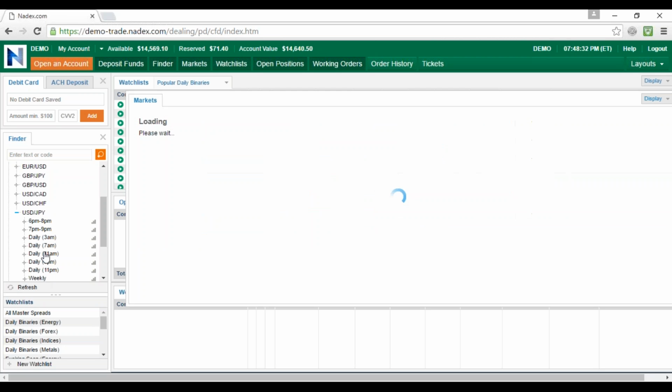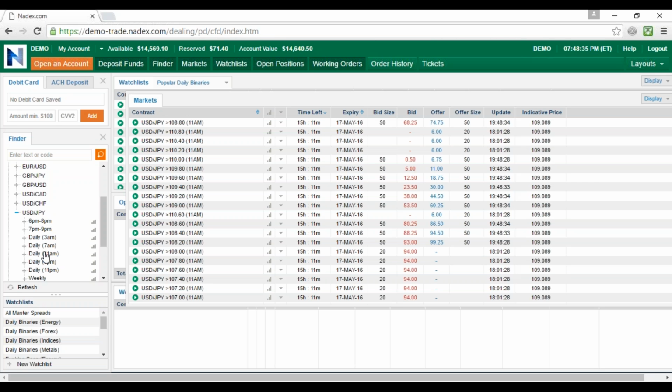What about something tomorrow morning? 109.08 would be right in between these two binaries, 109 and 109.20, so it's kind of right in the middle. 44 and 60, right in the middle, about 50 bucks.